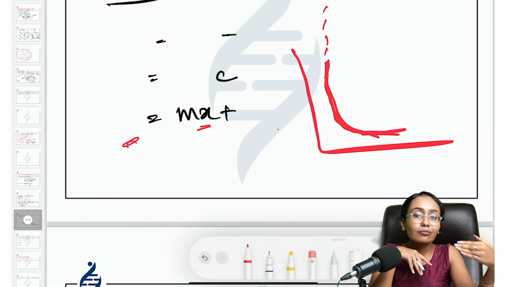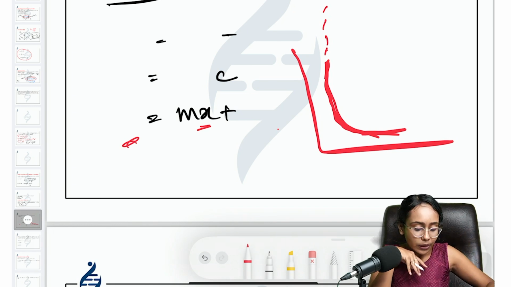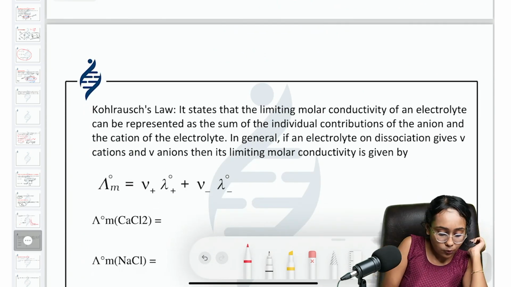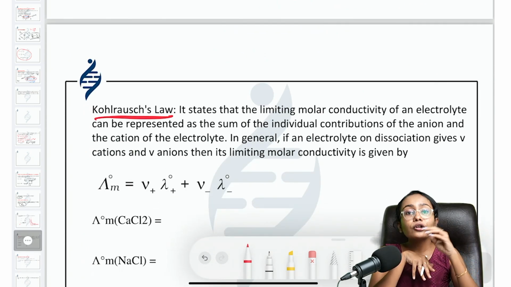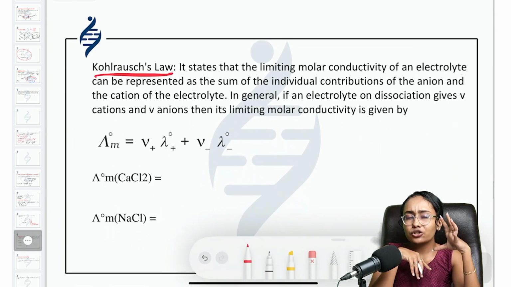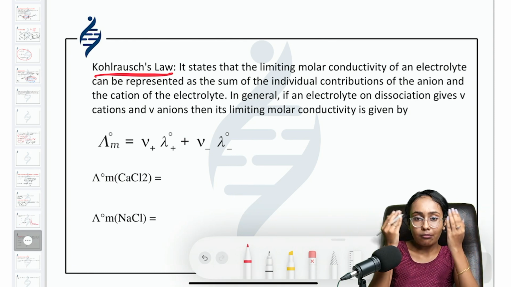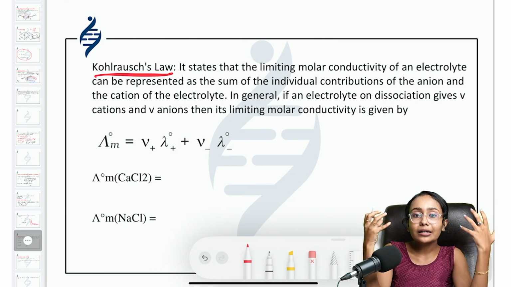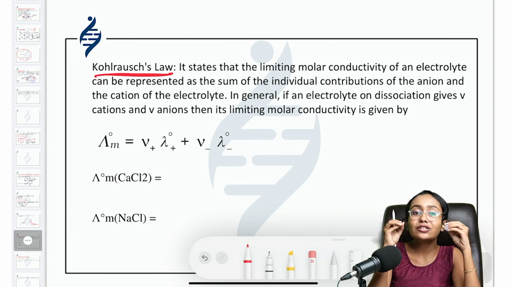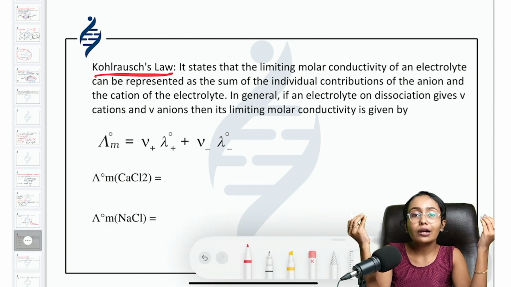So to find the limiting molar conductivity of the weak electrolyte, we use Kohlrausch's law. You need to know what Kohlrausch's law states. The total limiting molar conductivity of a substance is the sum of the limiting molar conductivities of individual components.